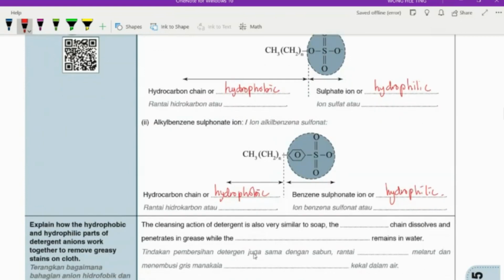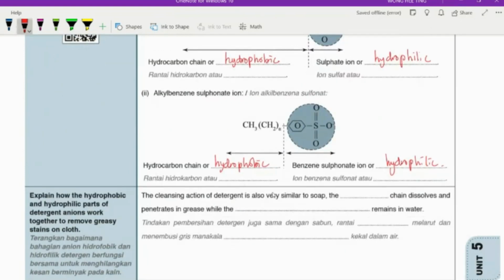So the cleaning action of the detergent is very similar to soap. The hydrocarbon chain, or the tail, dissolves and penetrates the grease, while the head, or hydrophilic part, here we can say sulfate ion or benzene sulfonate, remains hydrophilic.